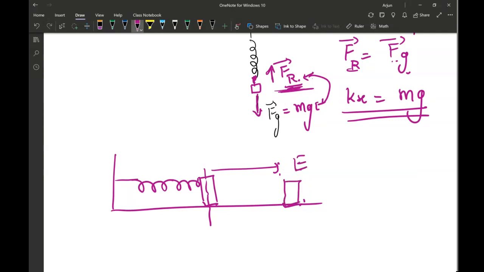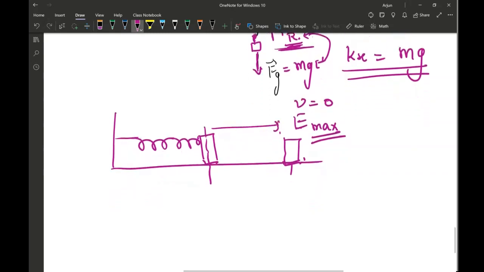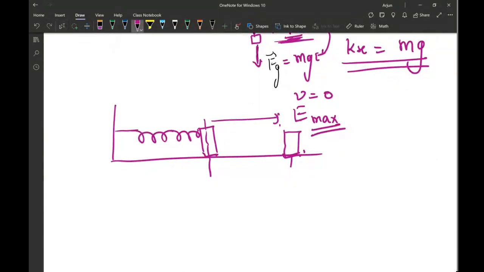So at this point, energy value will be maximum. The maximum amount of energy will be stored here, and velocity here will be zero because it's just not moving. You've stored the maximum amount of energy which you could have. And what is this energy? This maximum energy is stored in the form of EPE, spring energy, or spring potential energy.